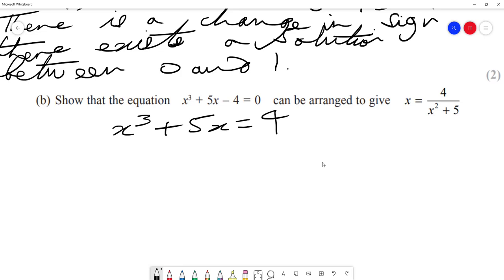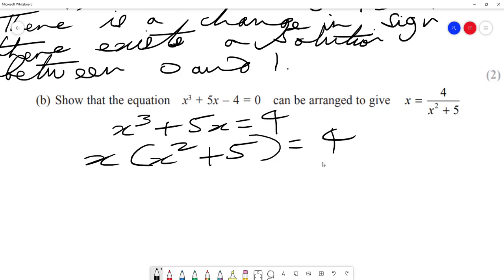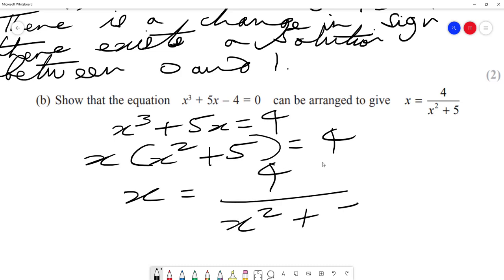Now I can factorize the x out, so I get x times x squared plus 5 equals 4. So I get x equals 4 over x squared plus 5, and that's exactly what they required.